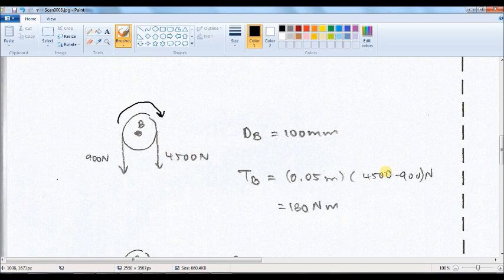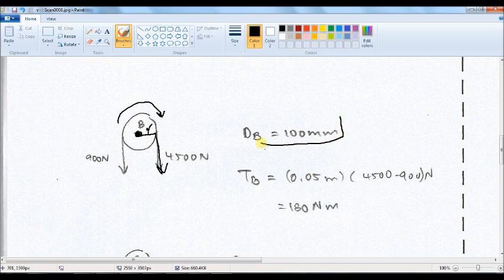To find the torque, I have to multiply the resultant load times the radius of the pulley.